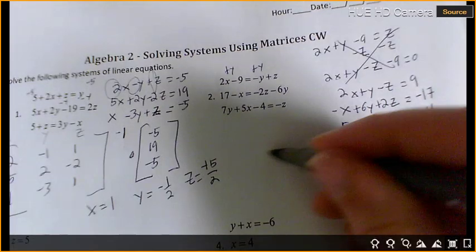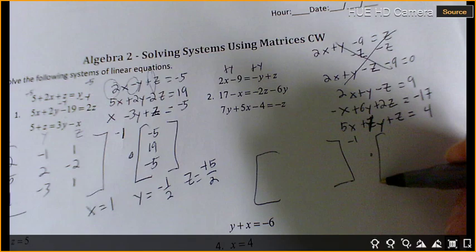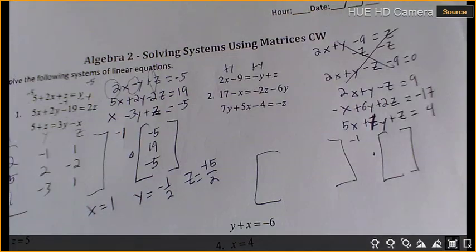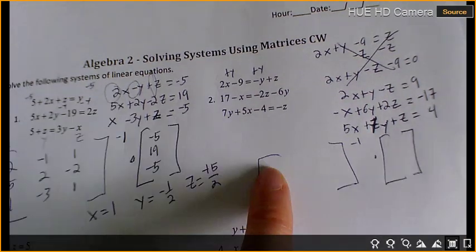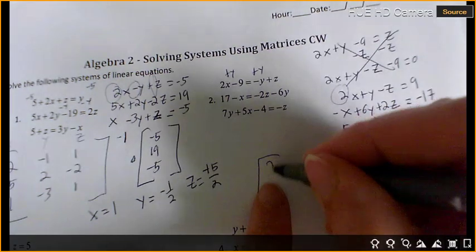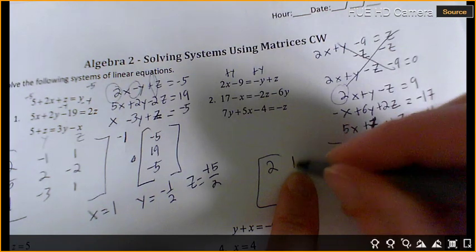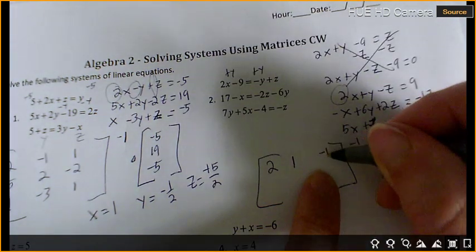Okay. So now the most important part, making sure that we set up the matrices correctly. What's going to go first? So I'm going to put 2, and then 1 is in front of y, and then negative 1 is in front of z. Are we seeing that?